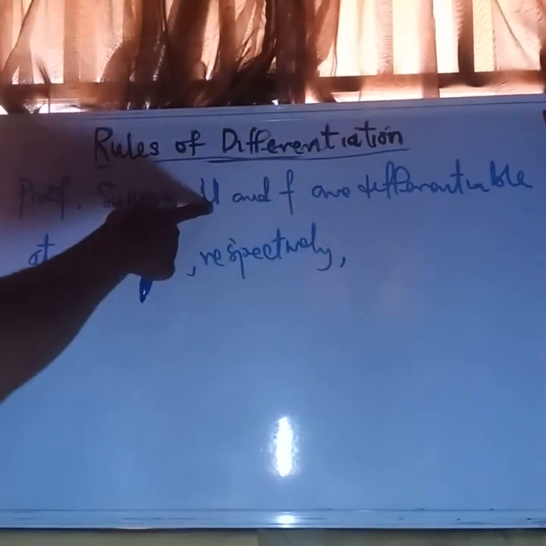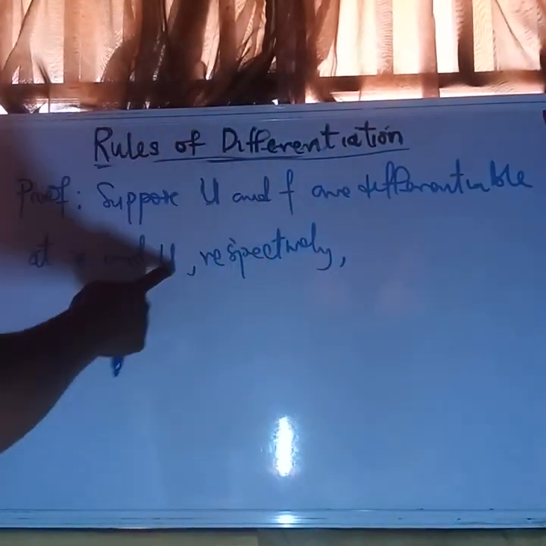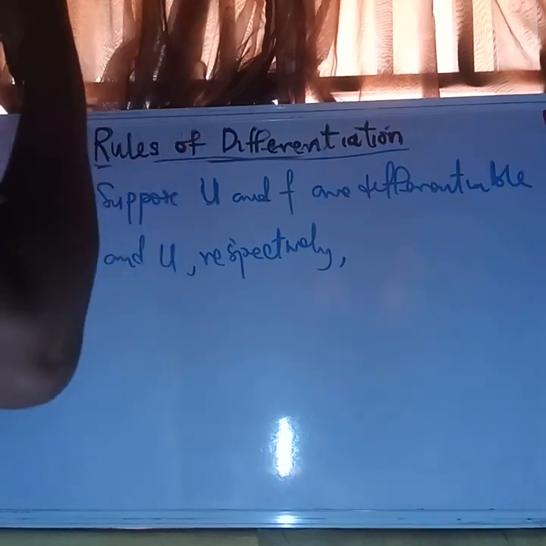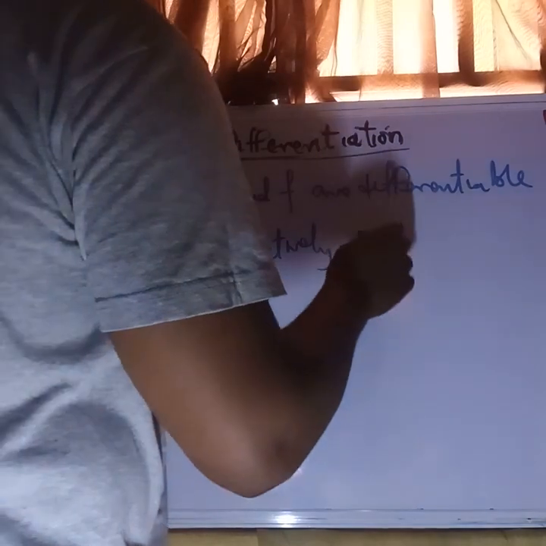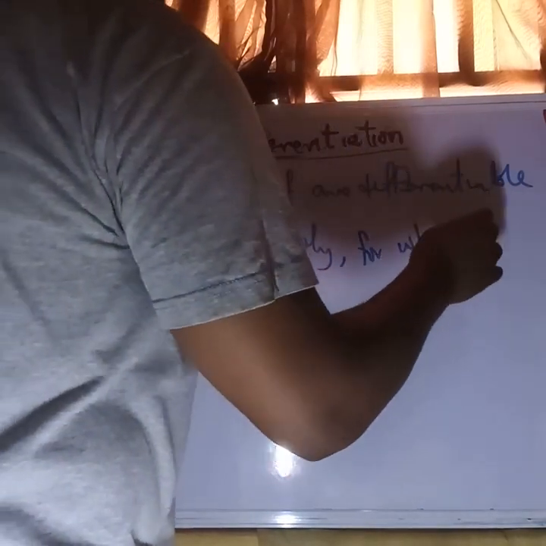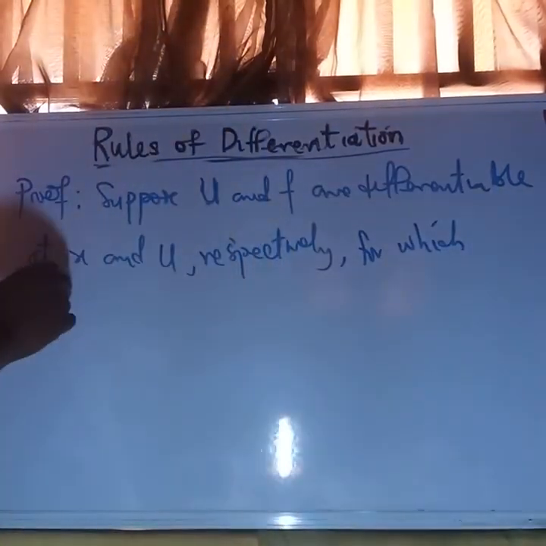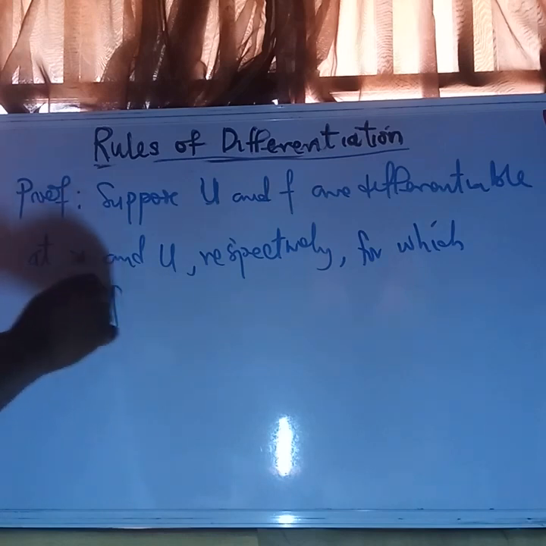That is, u is differentiable at x, and f is differentiable at u, as we have it in the rule, for which these two functions are associated this way.